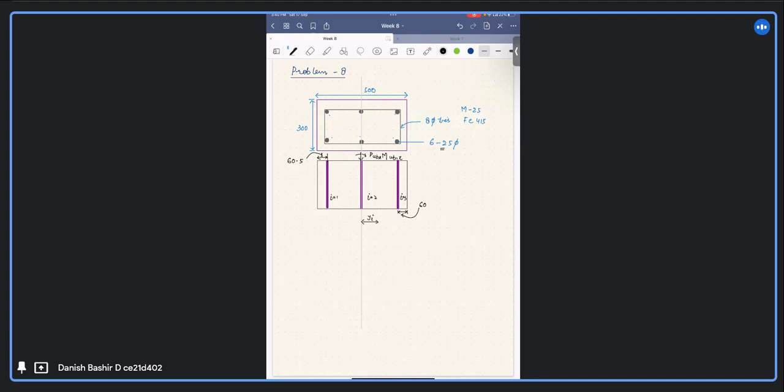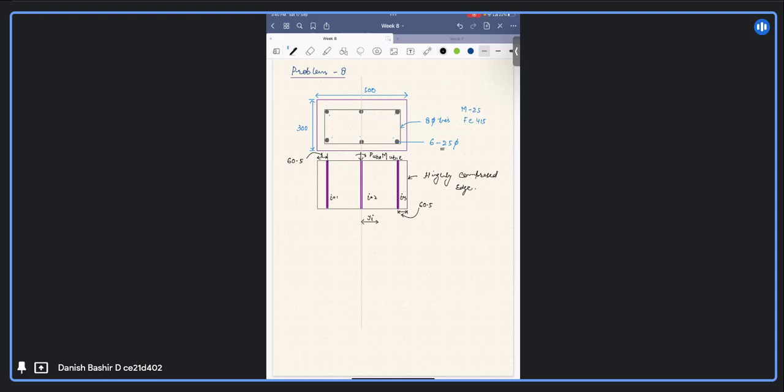This dimension is 60.5 mm. Let me write here: it's the highly compressed edge. Highly compressed edge is this one.